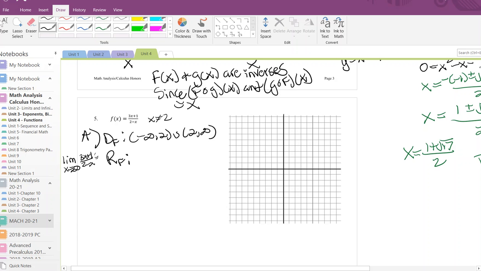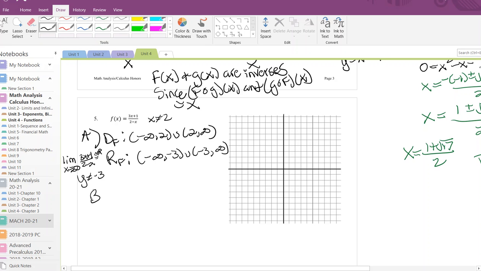Observing highest powers, notice you get -3. So that's what y cannot equal, the limit. So y can't equal -3, therefore the range is from -infinity to -3, union -3 to infinity.